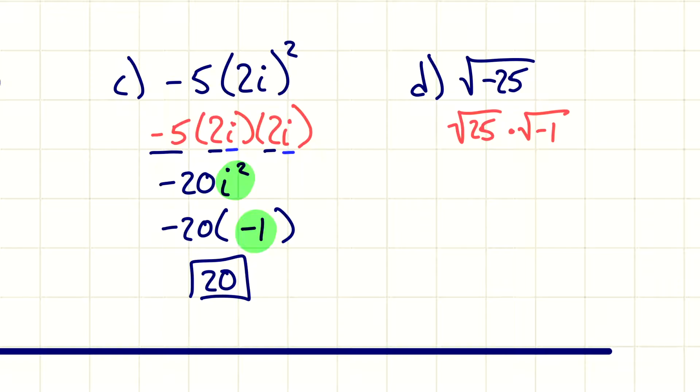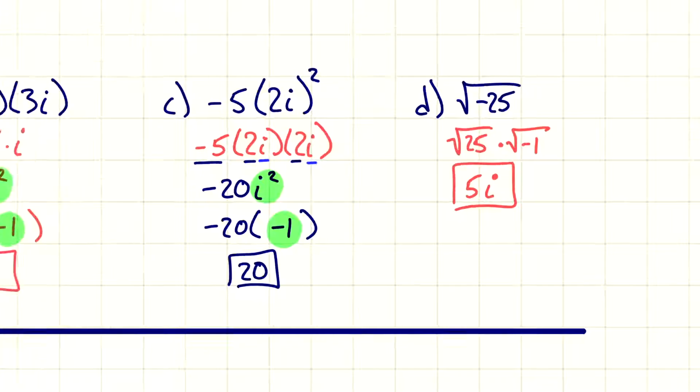If that other number was a square root of 24 or 26 or 27, it might reduce, it might not, but we still want to take out that negative to separate it. In this case, it's a nice perfect square. So the square root of 25 is 5, and the square root of -1 is i. And that's it. Hopefully you got that correct.